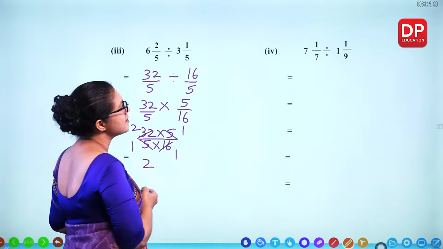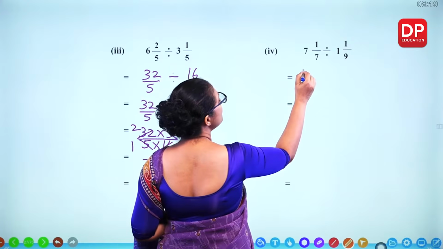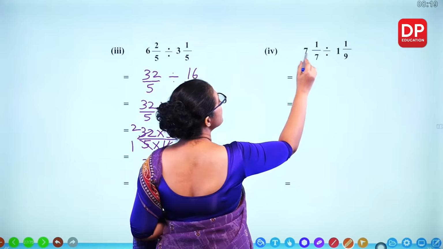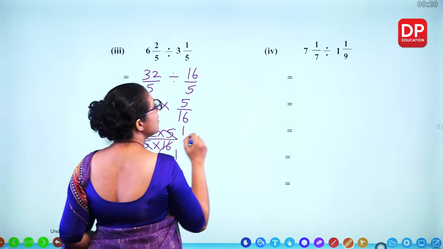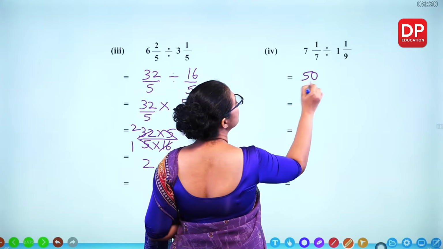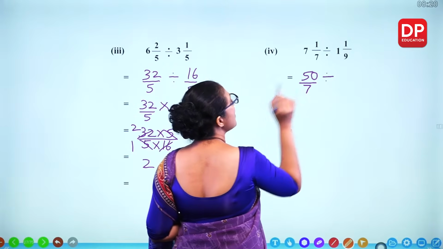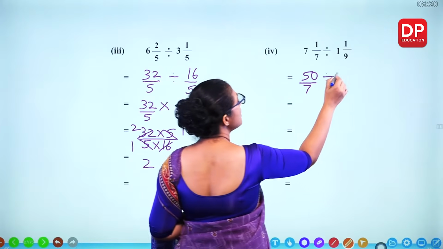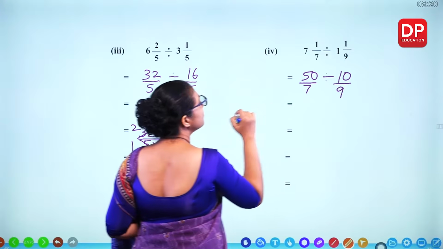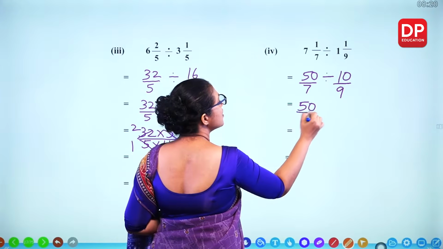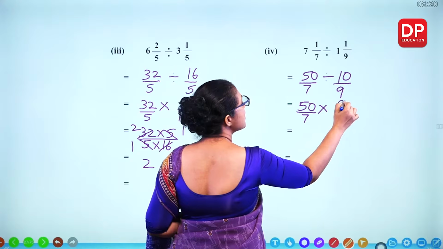7 and 1/7, you can write down 50. 7 times 7, 49. 49 plus 1, 50. This one, 9 times 1, 9. 9 plus 1, 10. Now convert to multiplication by taking its reciprocal.